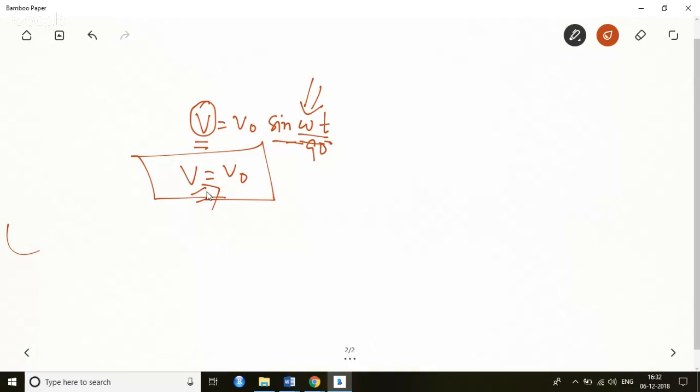Okay, conversion of moving coil galvanometer to... okay, so I'm getting two, three doubts. One second. Just let me go through it. Okay, let me just open that conversion page, then I'll tell you.